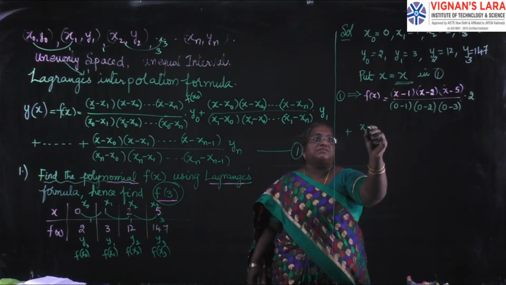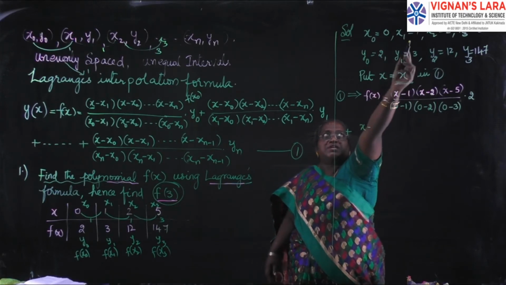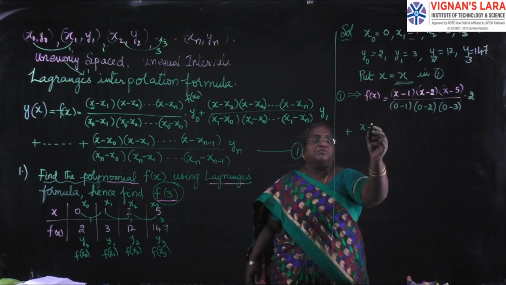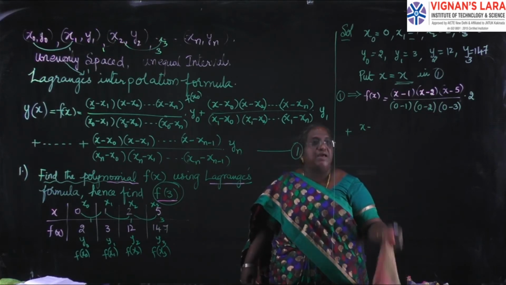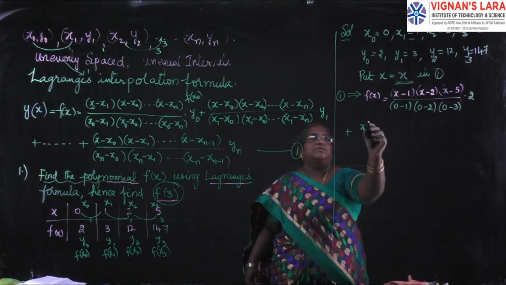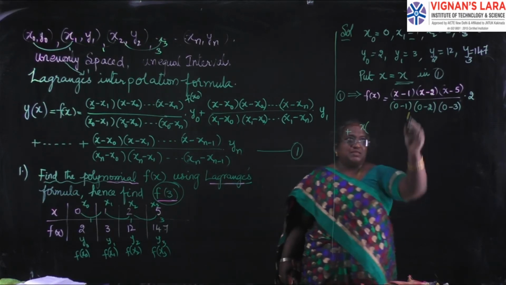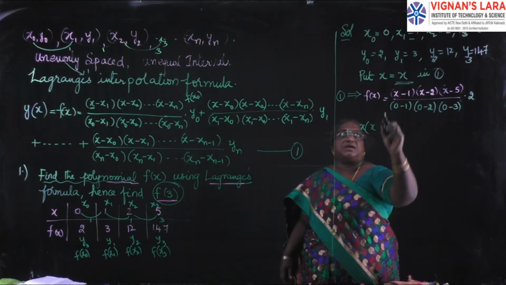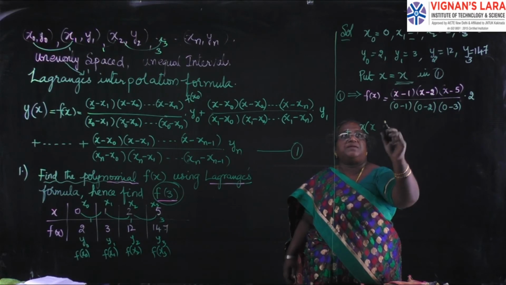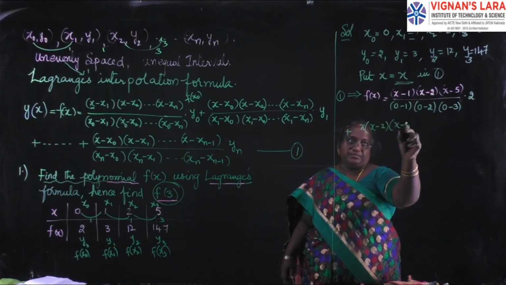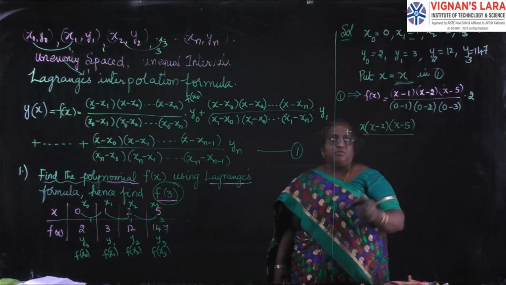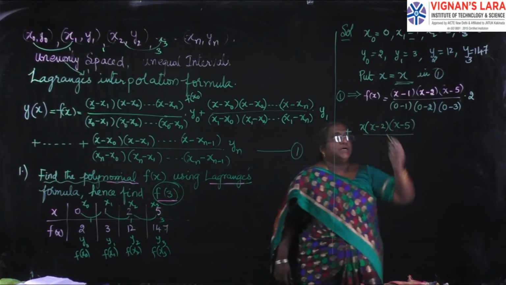x minus, this time I have to skip x1. So I have to use x minus x0, which is 0, so I can write simply x, into x minus x2, x minus 2, x minus 5, by, what is it that we left out here? x1.